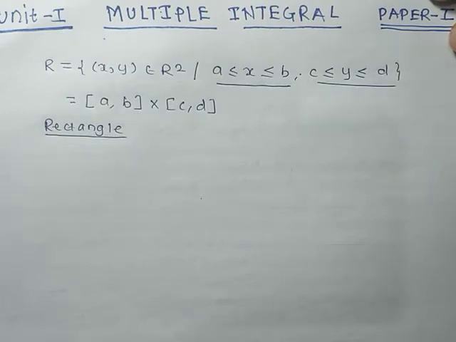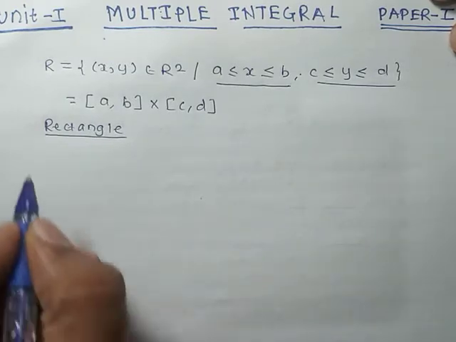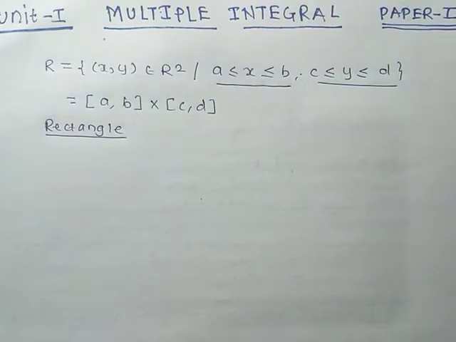Now we are going to define the partition of a rectangle, because in order to define the double integral we need these concepts. These are very basic concepts which may be asked in your MCQs.